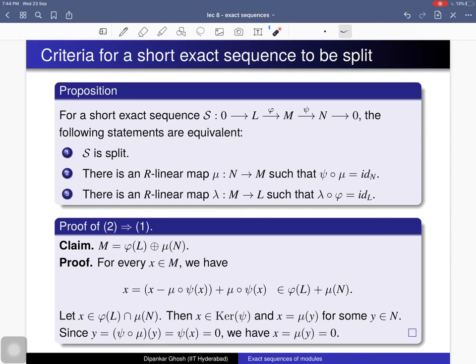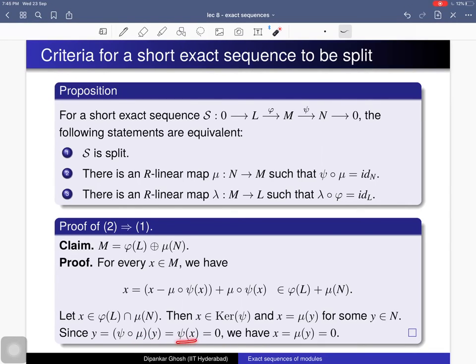Therefore, you can write y as psi compose mu of y, because psi compose mu is just the identity map. Here you have this condition, you are starting with this. Okay. Since this is the identity, this of y is just y. So, therefore, it is just the same as psi of x, because mu of y is the same as x.